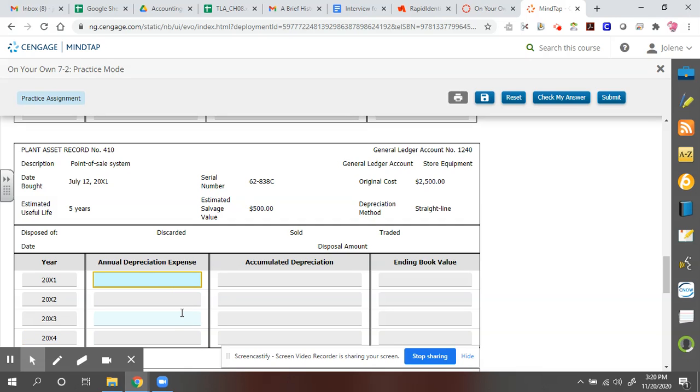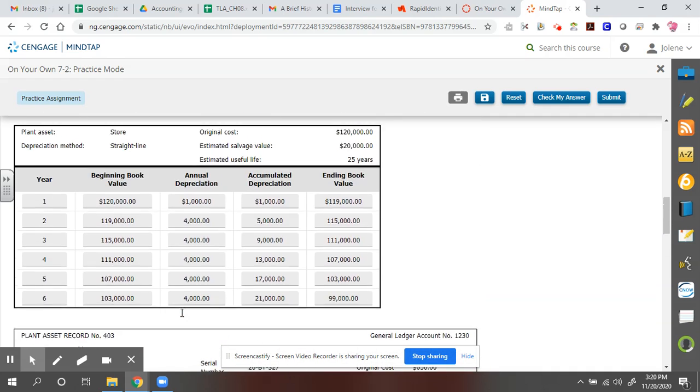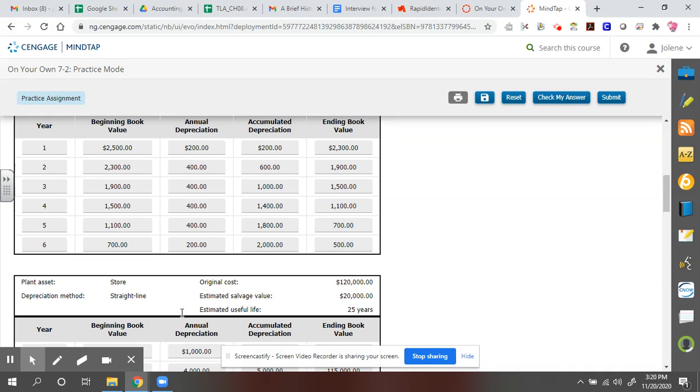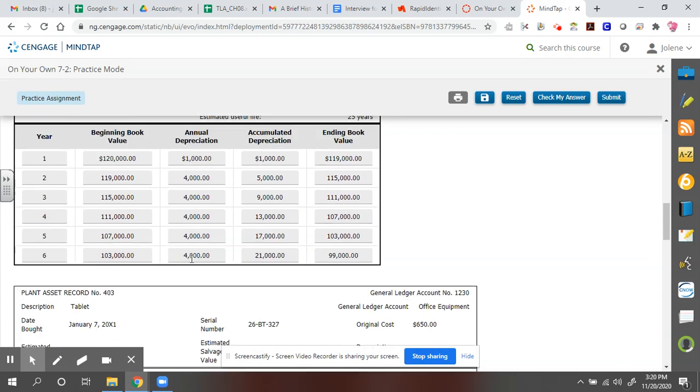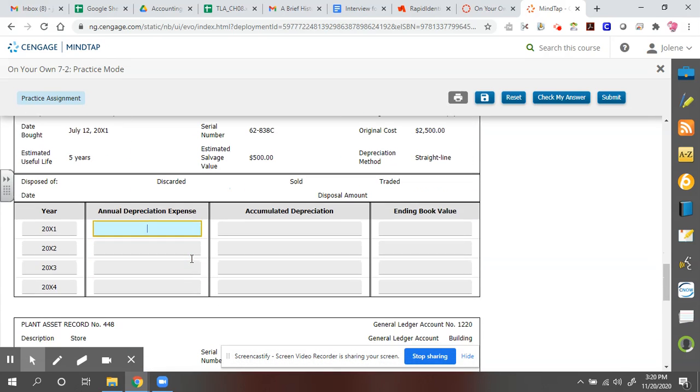We have to go back up and look, because I think that first year was off. Okay, so the first year was $200. The other years were $400. So $200 for the first year, $400 each for the other years. So 200, 400, 400, 400.